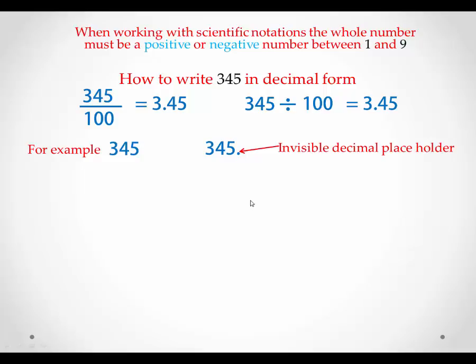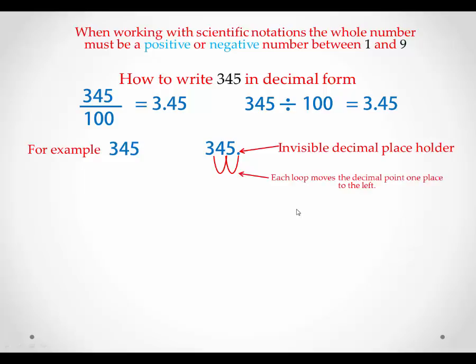From here, we are going to move this decimal point one place to the left each time until we reach our desired location. Each move represents the movement of the decimal place and each power in our base 10.